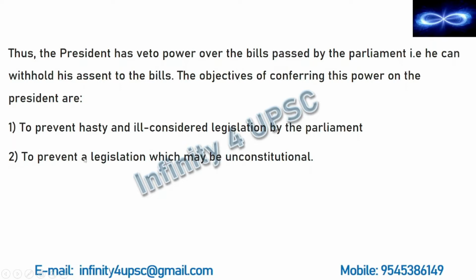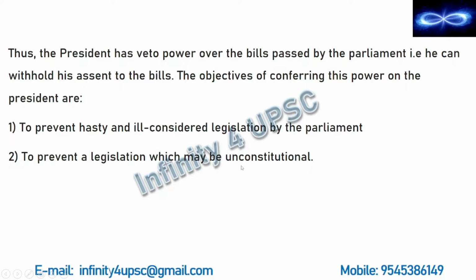Second, to prevent a legislation which may be unconstitutional. Now there is one more point that you need to remember. Whenever a new bill is proposed, it has to be made sure that the bill is in line with the Constitution. That is, it is in sync with the Constitution. If that is not the case, the bill will not be passed and it will not be made into an act.